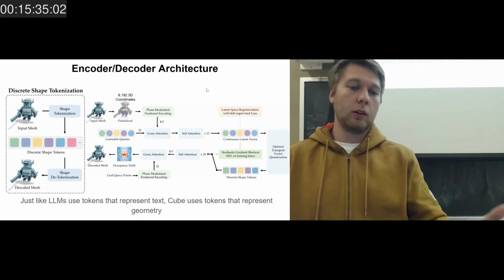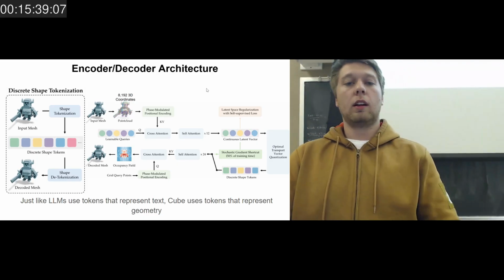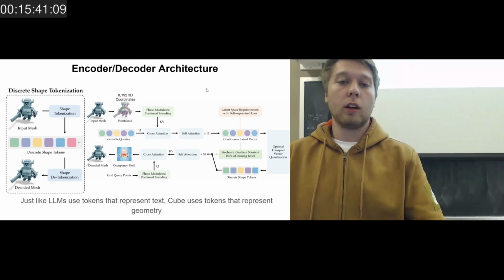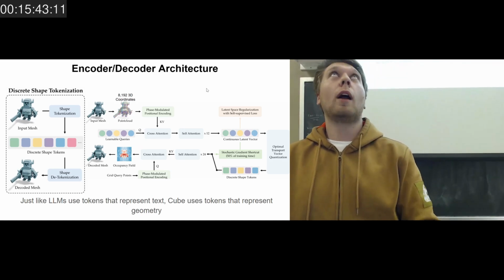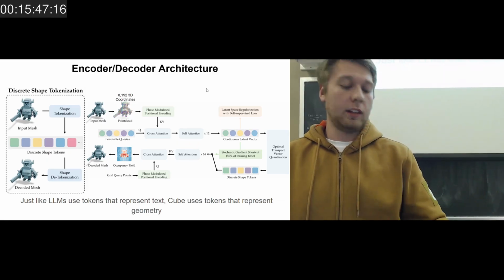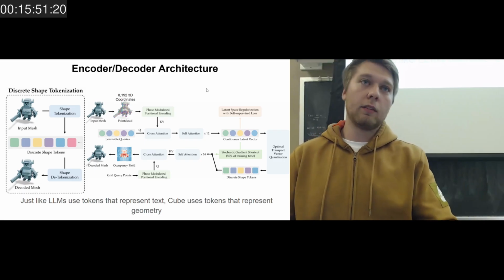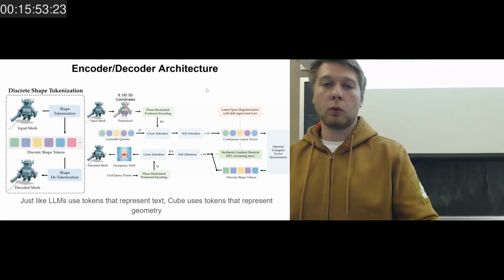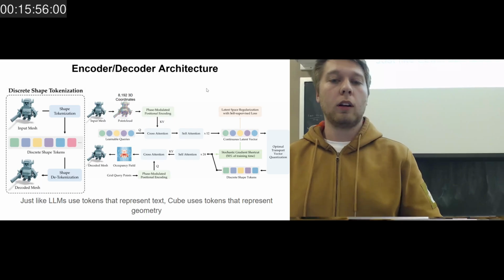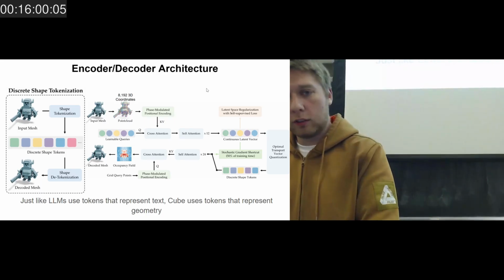So in text, you want to encode the first word, and make sure the model knows that came first. When it comes to points, you want to know where points are in relation to other points. Just like if you have a large paragraph, a word at the beginning doesn't really need to know what the last word of that paragraph is. They're not going to be super related to each other. It's going to be more like the words on either side of it.